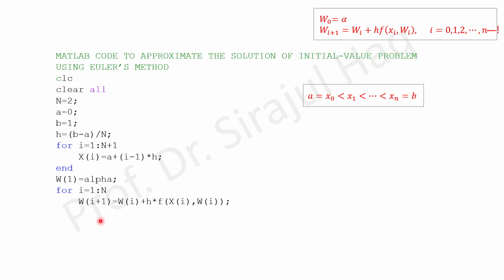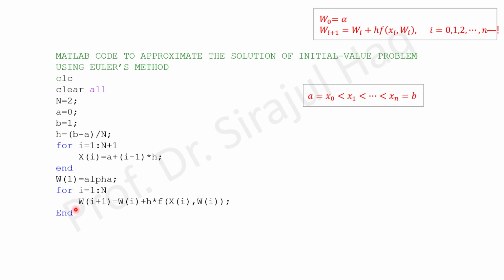Exactly, wi plus 1 is equal to wi plus h multiplied by function f at xi and the corresponding solution wi. And then n. This is a small e, not capital E. This window has changed.